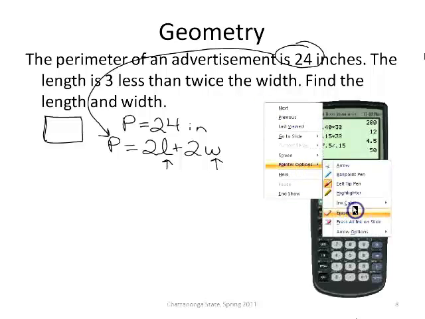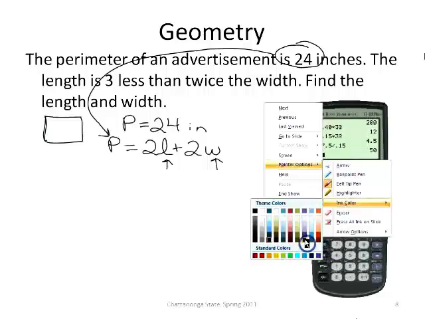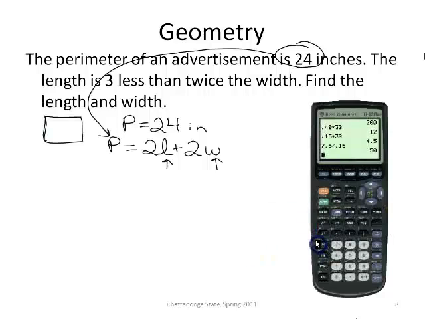Let me change my colors here for a second. Look at this. The length is 3 less than twice the width. So that means the length is twice the width minus 3.